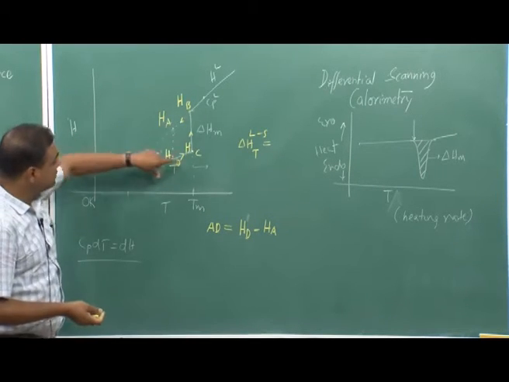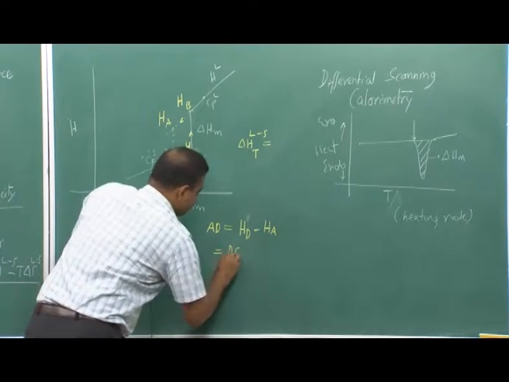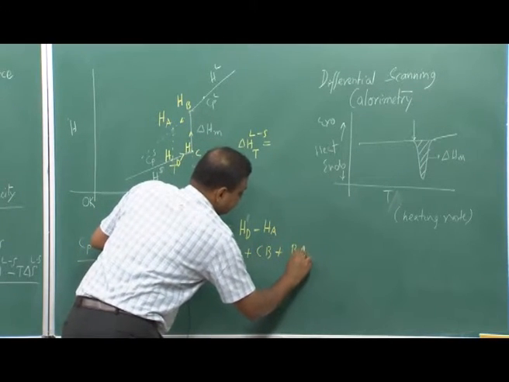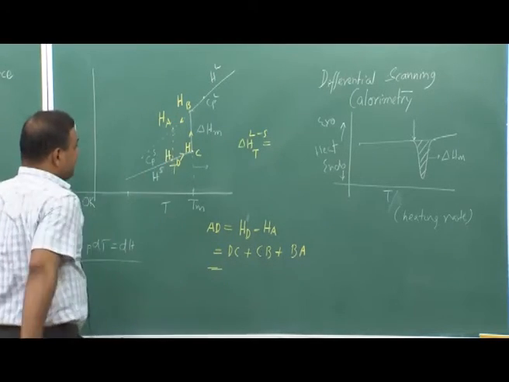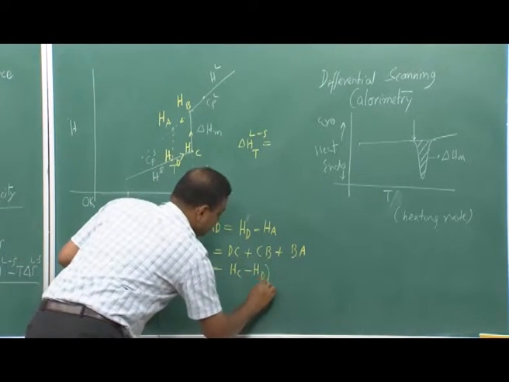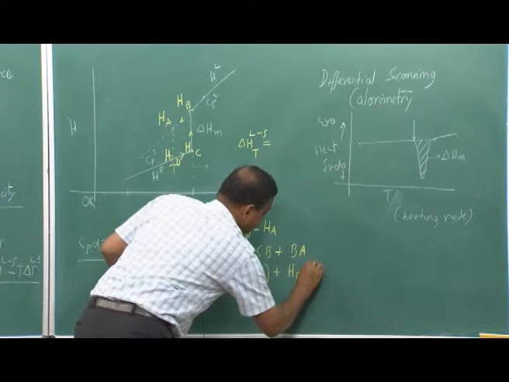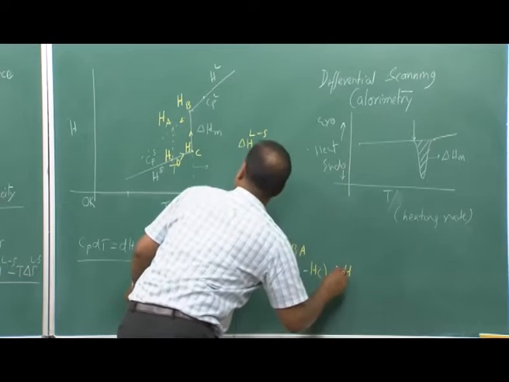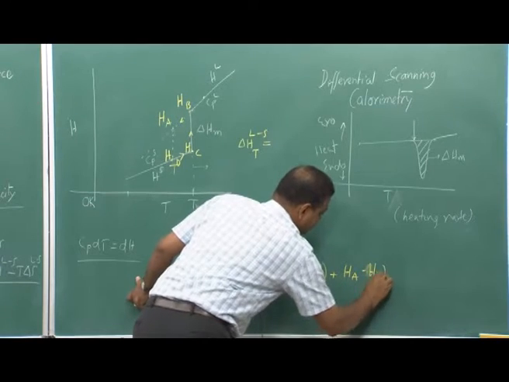So, if I take this route, it would be DC plus CB plus BA. Now, if I put it in terms of H values, it is HC minus HD plus HB minus HC plus HA minus HB.